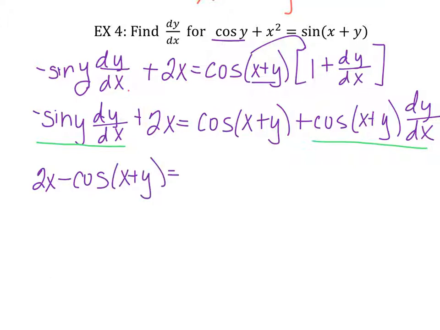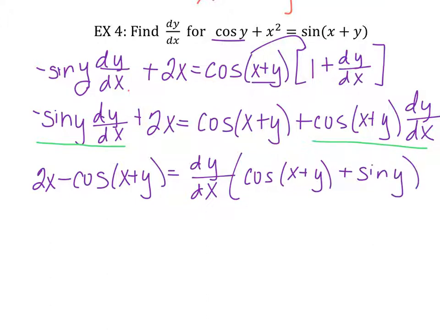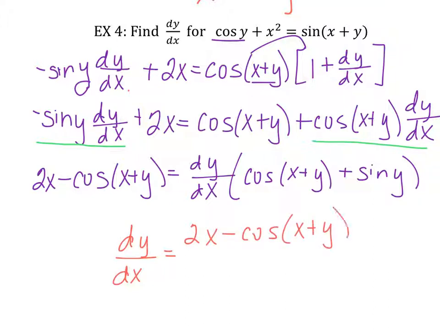So I'll take that to the left. And then on the right, I would have dy dx. This cosine of x plus y would be there. And then if I popped that sine of y, it would become positive. So I have plus sine of y. And then I just do my division. So I get dy dx is equal to 2x minus cosine of x plus y all over cosine of x plus y plus sine of y.